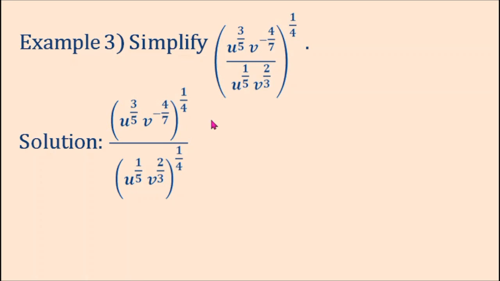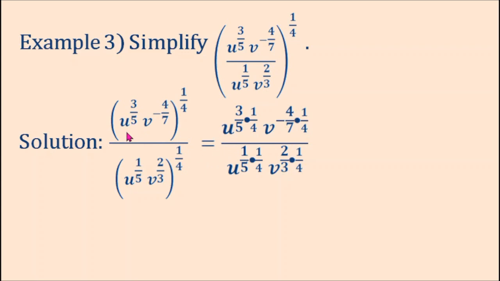Now, from the power of a product rule, we have u to the power of 3 over 5 times 1/4, and then times v to the power of negative 4 over 7 times 1/4, over u to the power of 1 over 5 times 1/4, and then v to the power of 2 over 3 times 1/4.